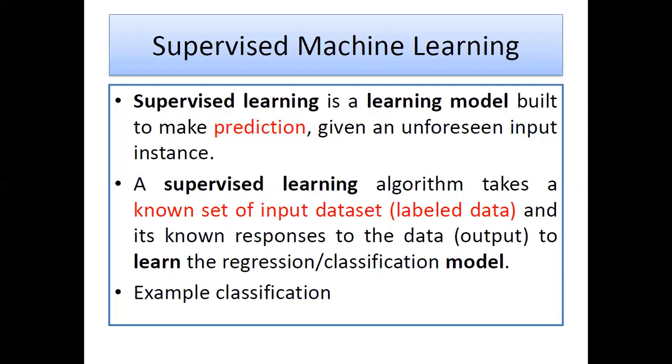Moving forward, we are into supervised machine learning. Supervised learning is a learning model built to make predictions given an unforeseen input instance. As we have already established, machine learning is driven by data, a huge amount of data.